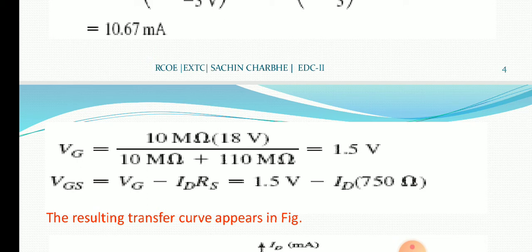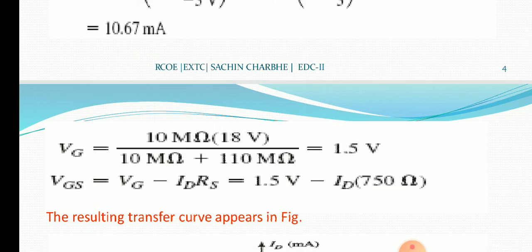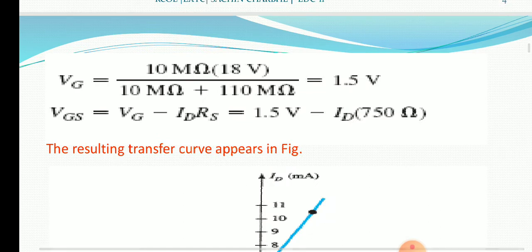Actually that is RS into IS, but IS equals ID, so we put ID instead of IS. So 1.5 volt minus ID into 750 ohm. Using this you can calculate different values of ID.